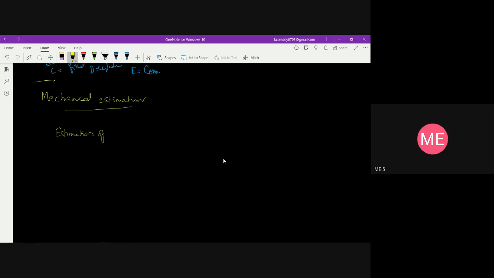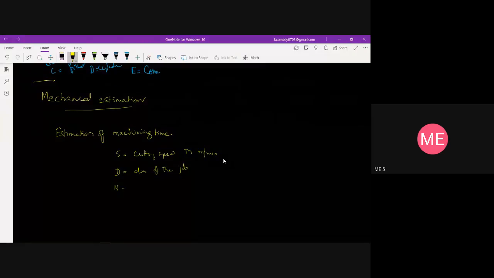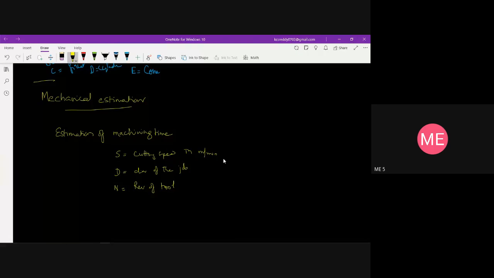Estimation of machining time. So how to find out the machining time? We know that the cutting speed is given, say S is the cutting speed, which is given in meters per minute, and D is the diameter of the job, and say N is the revolutions of the job per minute.